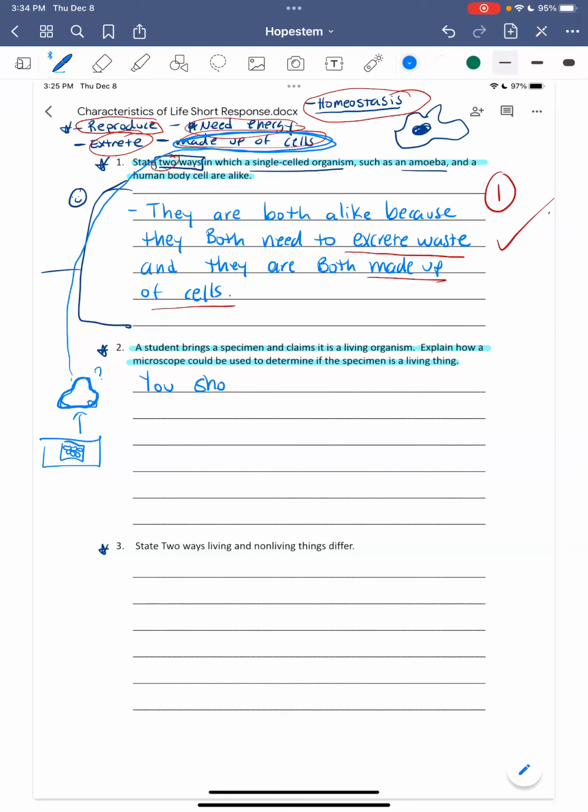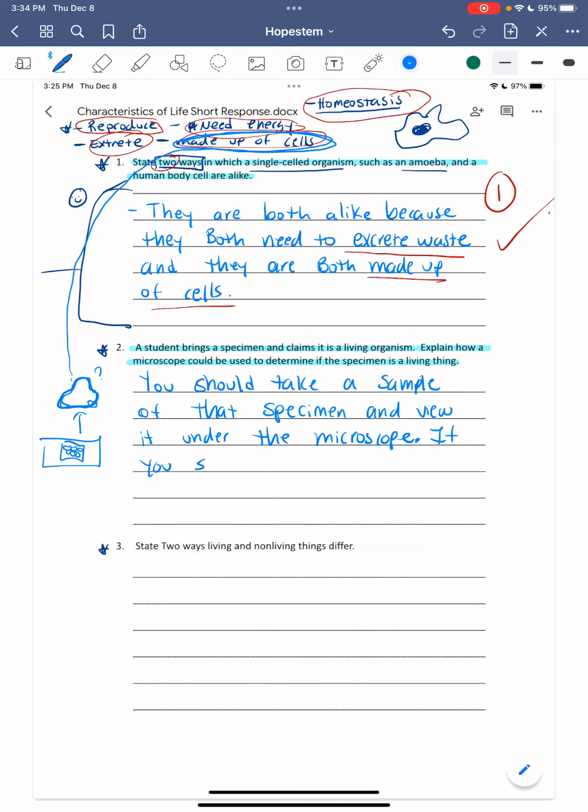You should take a sample of that specimen and view it under the microscope. Period.